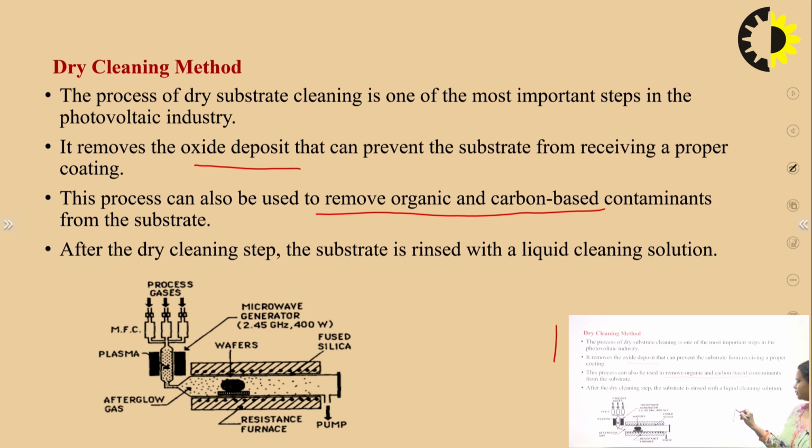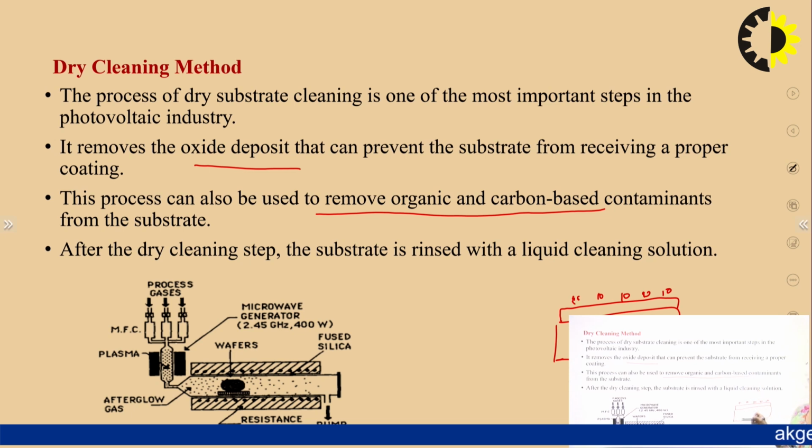Means if this is your wafer, and there is some kind of organic chemical and some carbon contamination, then we need to remove it. Such kind of contaminants can be removed using the dry cleaning method. So this is the diagram which I have shown.